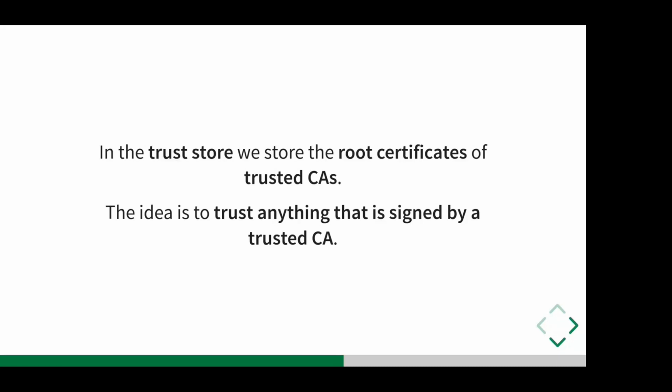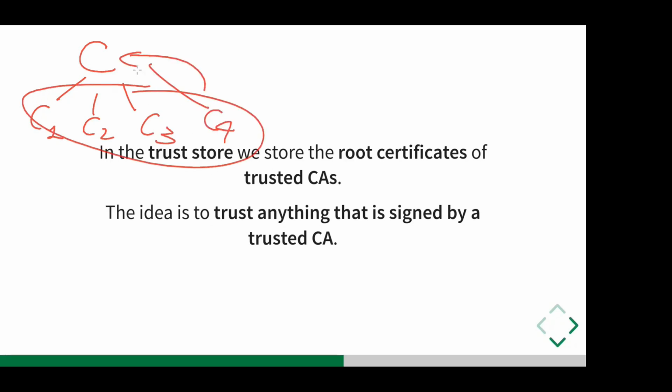A certificate authority has to be trusted, and it is trusted only if it is saved in our trust store. The idea is to trust anything that is signed by a trusted CA. Trust flows down in a way that, okay, I trust a big certificate here, this certificate signs a bunch of other certificates, and I trust them because I trust the one who signed them.